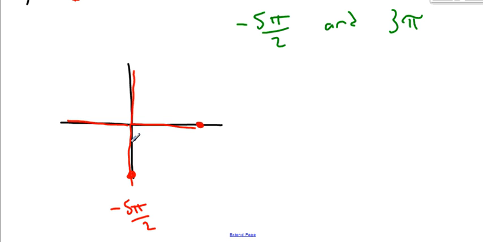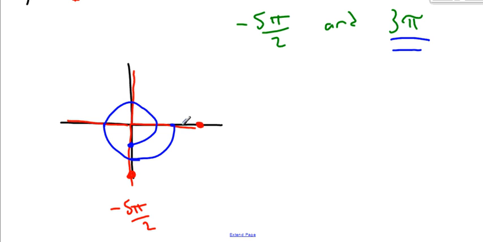And then I'm going to have to rotate forwards from here until I get to 3 pi. So let's see what that would look like. So if I start here and rotate forwards, this is -4 pi over 2, or 0, but I'm not there yet. -4 pi over 2, -3 pi over 2, -2 pi over 2, -1 pi over 2, 0.